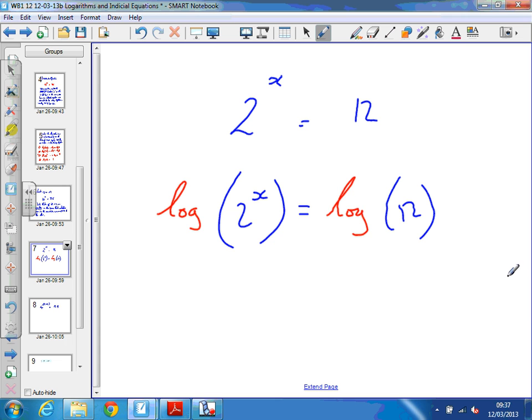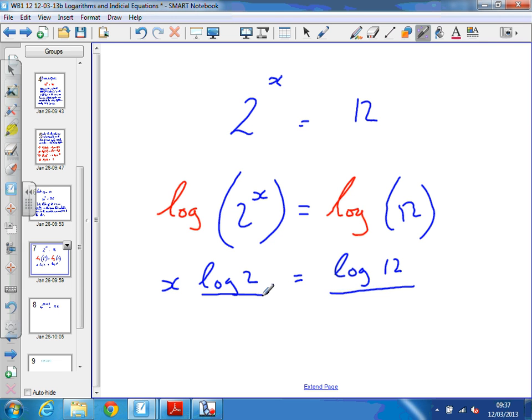So x times the logarithm of 2, so bringing that x down and turning it into a multiply is the real power of these logarithms, equals the logarithm of 12. Remember, these are numbers. We've already done one on the calculator. You could key log 12 into a calculator, it's a number, and so is the logarithm of 2.